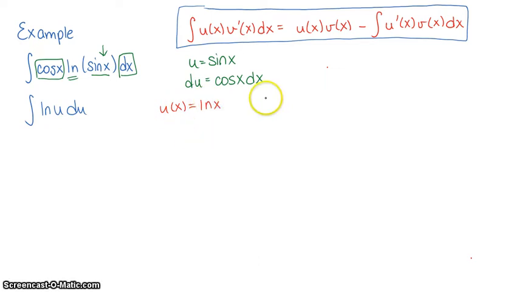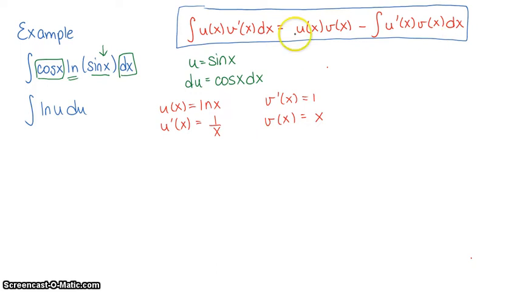And my v prime of x could be 1. Ln times 1 is still ln, right? So that way, when we take the derivative, we get 1 over x, which we can find quite easily. And for v of x, we're going to go up a degree, so we're going to get x.